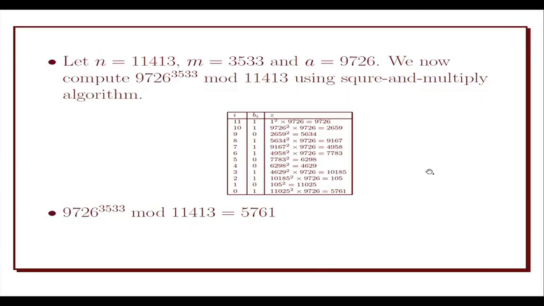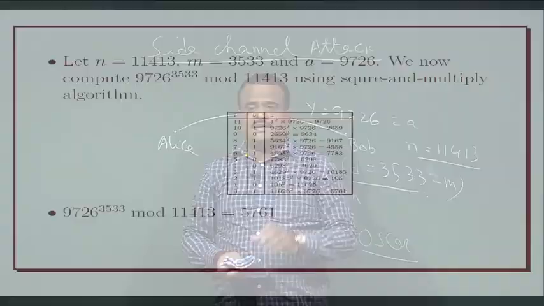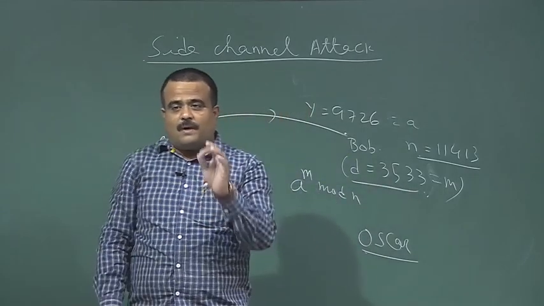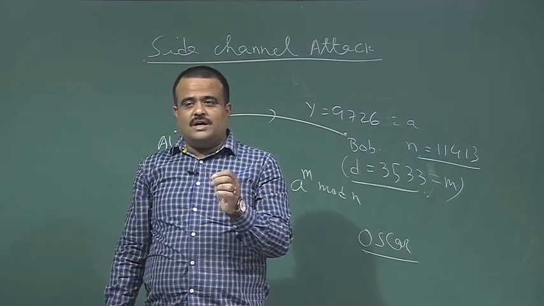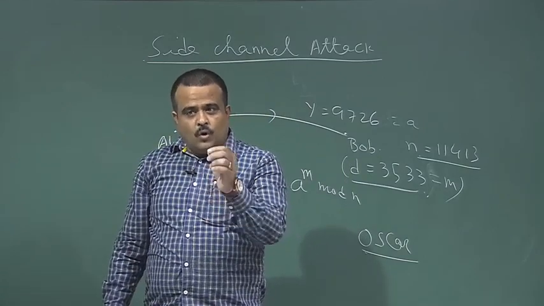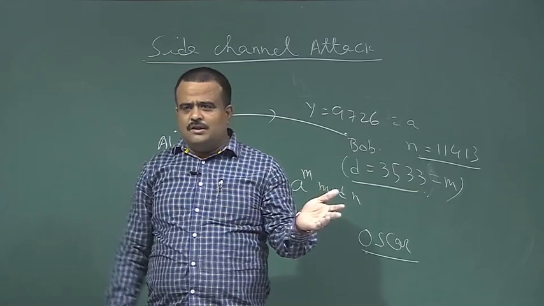Oscar knows that Bob is using the square and multiply method. So, Oscar knows that every time squaring is done, and multiplication is done except when the bits are 0. So, Oscar will check the timing, how much time it is taking in Bob's machine or how much power consumption it is doing.